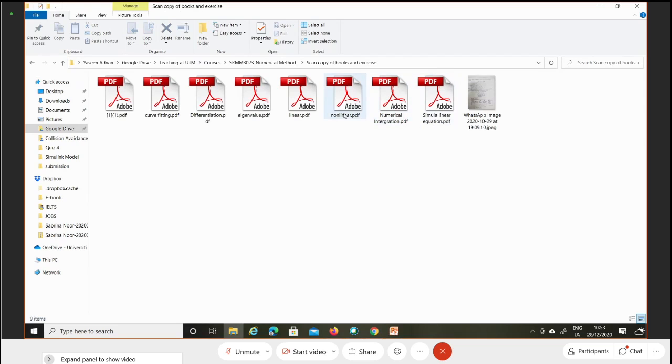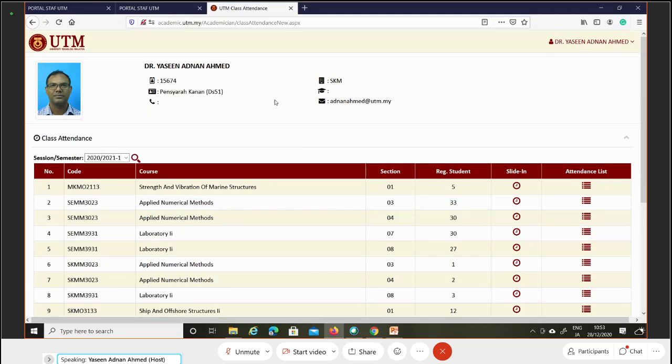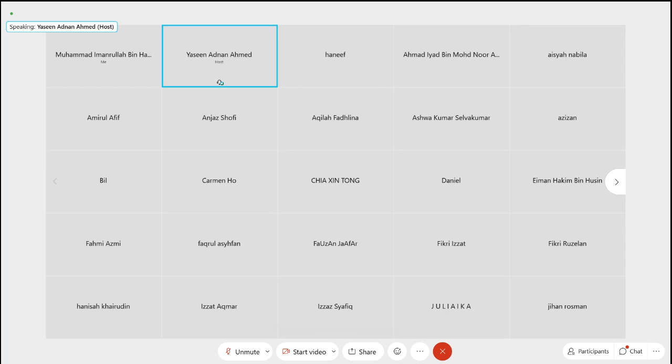Linear numerical integration. Hold on, I just want to share the book. Okay, I cannot find.